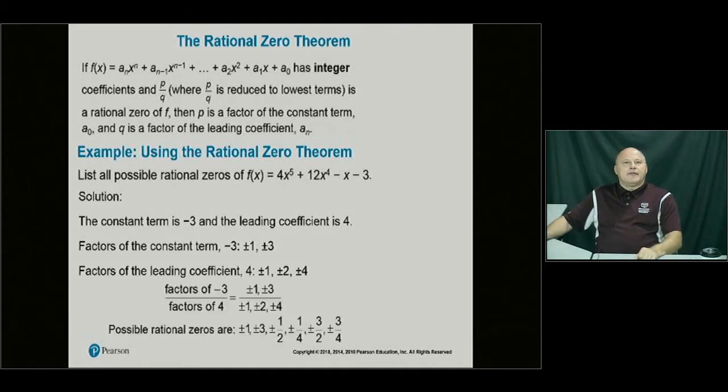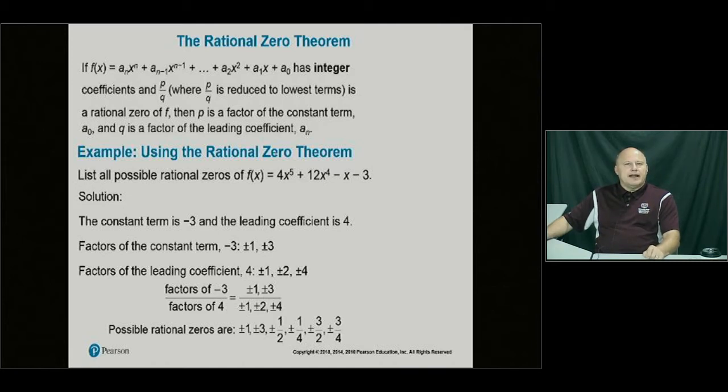Now the possible factors of -3, which is your p, and the possible factors of 4, which is the q on the bottom. The possibles on top and the possibles on the bottom. If you do all the possible combinations of that, you get plus or minus 1, plus or minus 3, plus or minus 1/2, plus or minus 3/2, plus or minus 3/4.